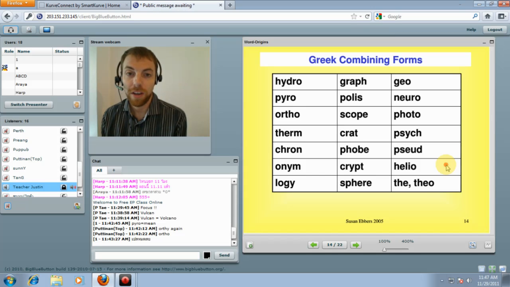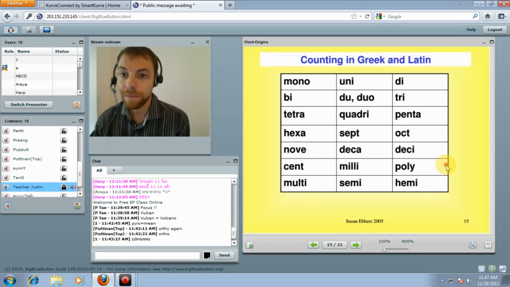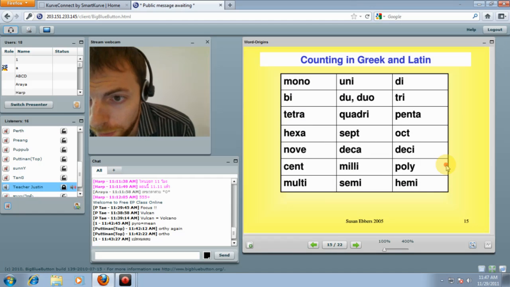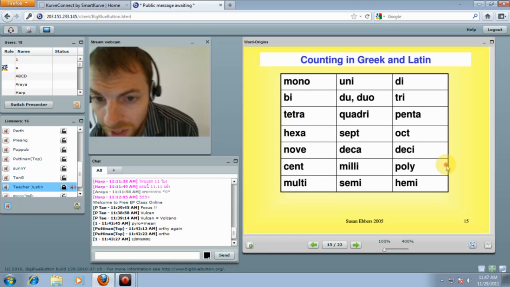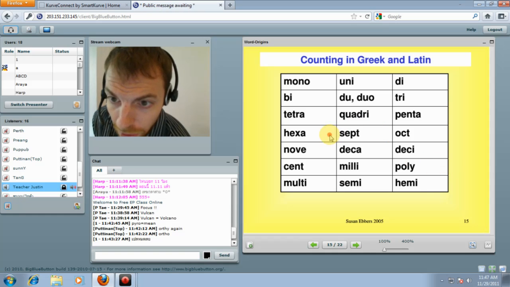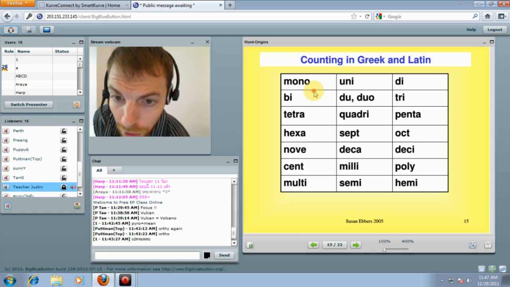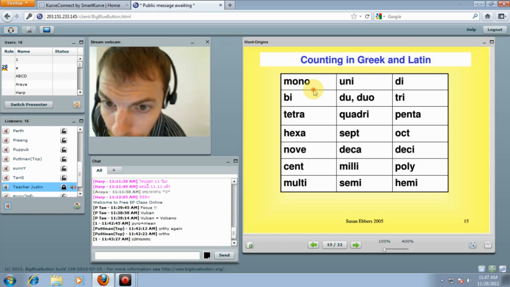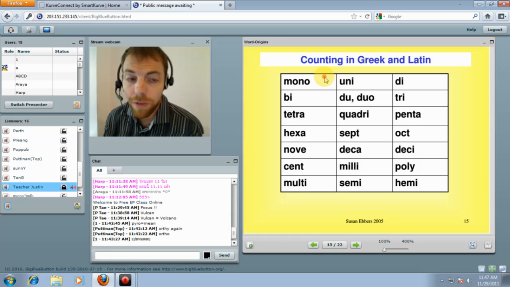All right, let's go to the next slide. So here we have some Greek and some Latin words. Some of these are numbers, which are very easy. Mono means one.